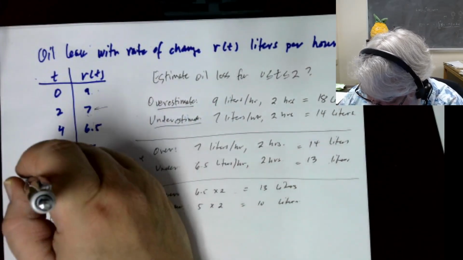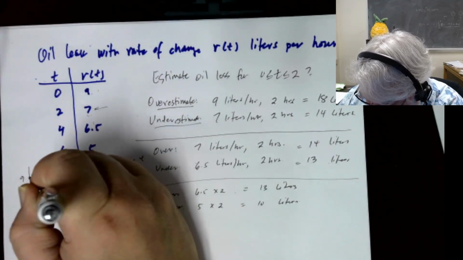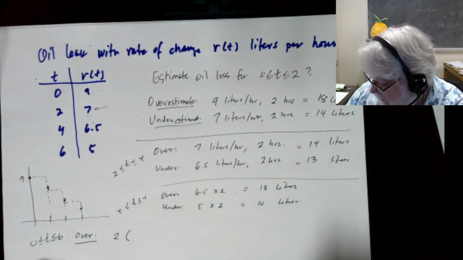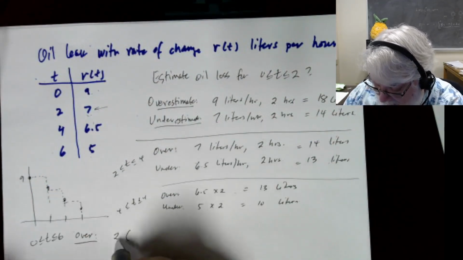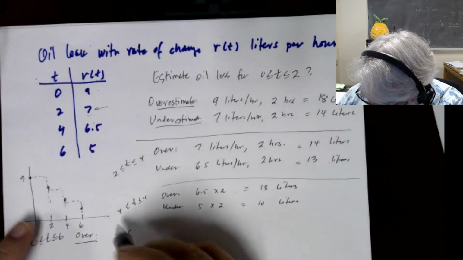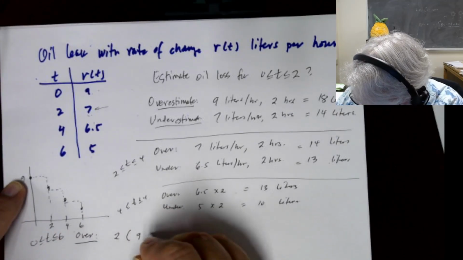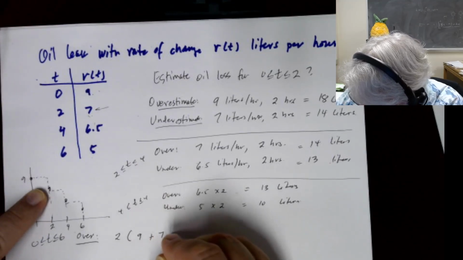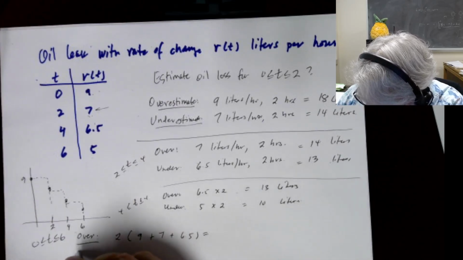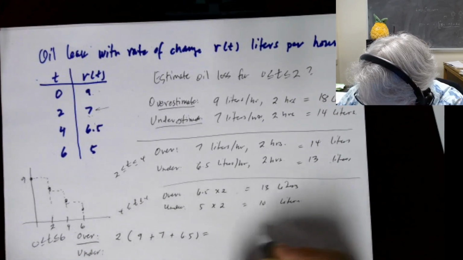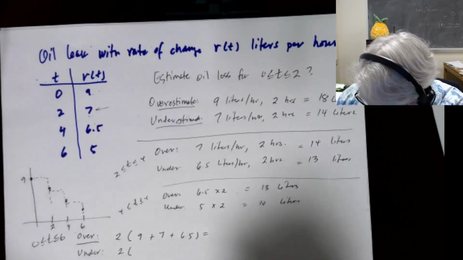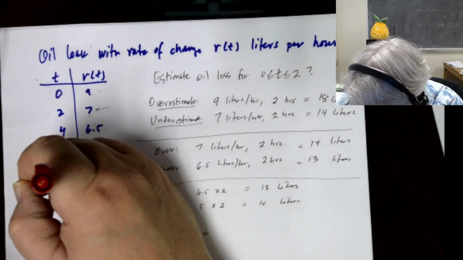So for the overestimate, we're taking the biggest value over those points, and so these are the three rectangles we're using. Notice the width here is going to be 2 units, right? And then it's going to be 9 for the first height plus 7 for the second height plus 6.5 for the third. And then the underestimate will be 2, that's the width of the rectangles, but now we're going to be using the smallest height, right?